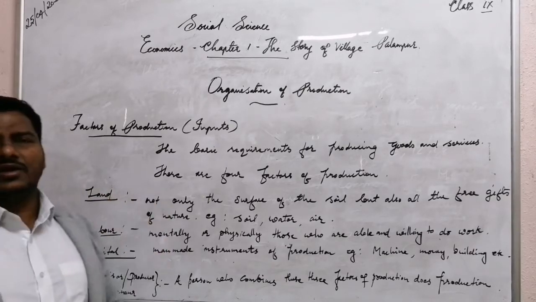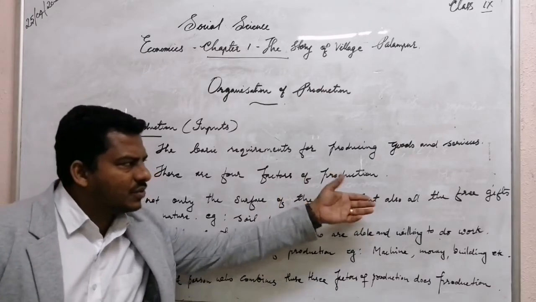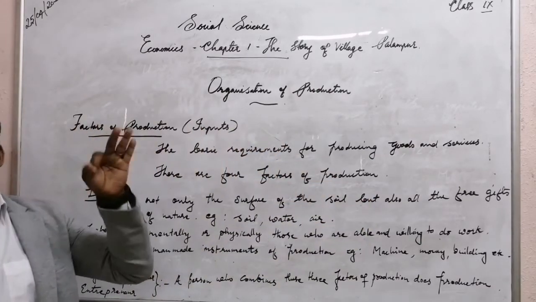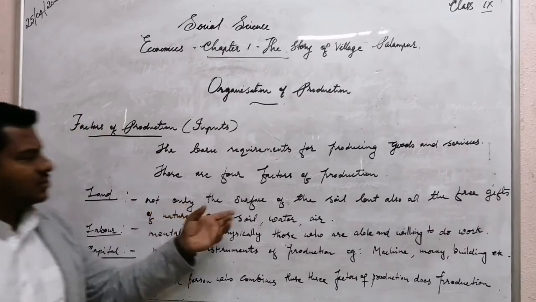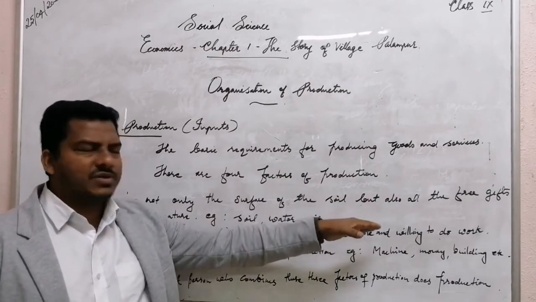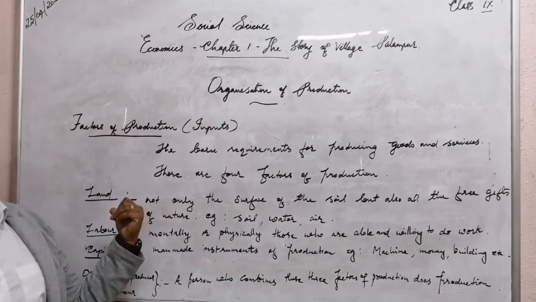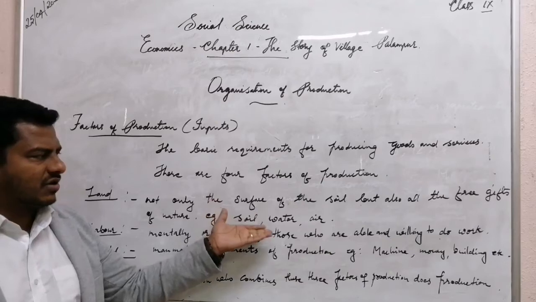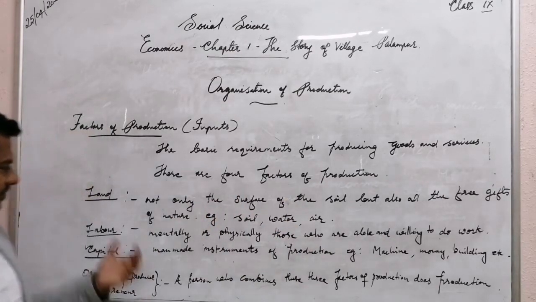Land in economics means not only the surface of the soil, but also all the free gifts of nature. That means in economics, land means the soil and all the free gifts of nature which are useful for production. Examples: soil, water, air, all the free gifts come under the land category.